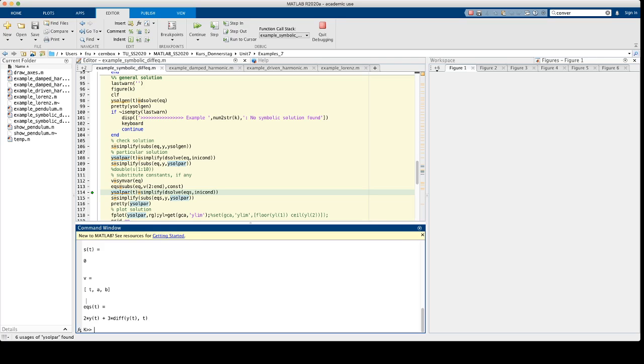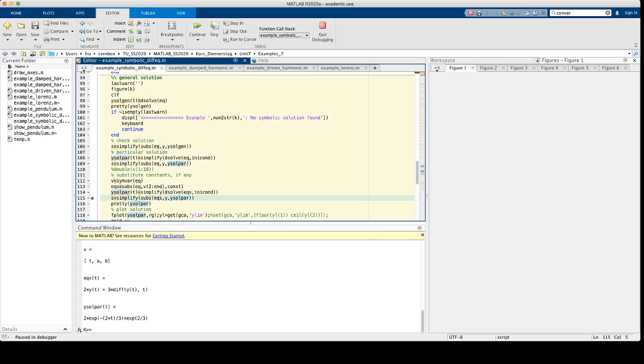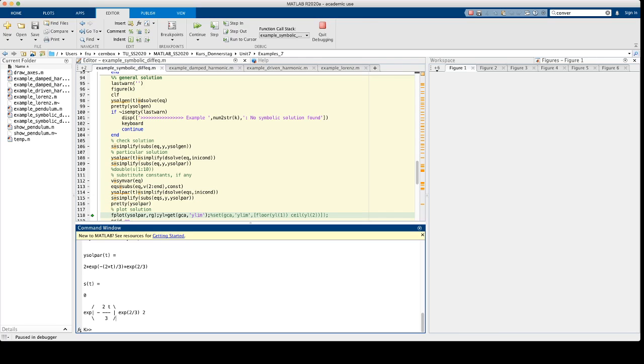Again, we obtain the solution with initial conditions, and this is the particular solution with the given constants and the given initial conditions.